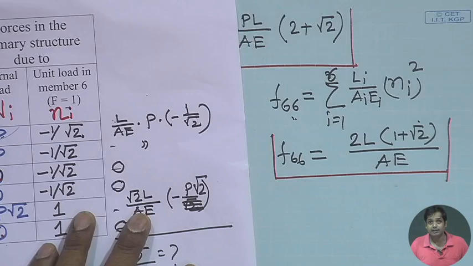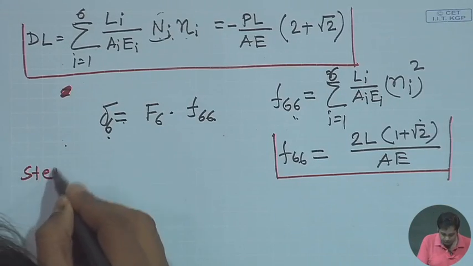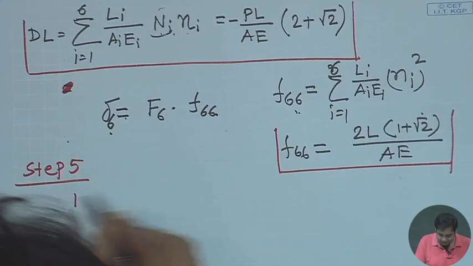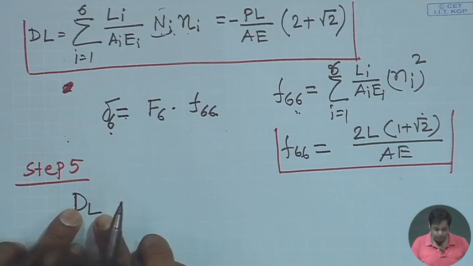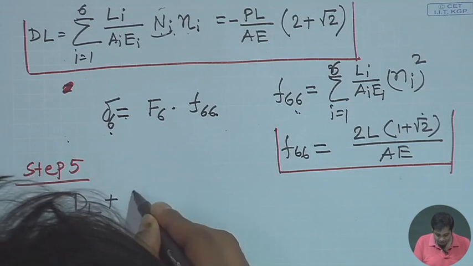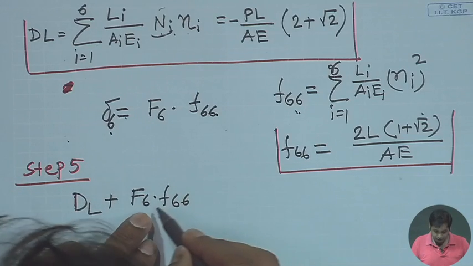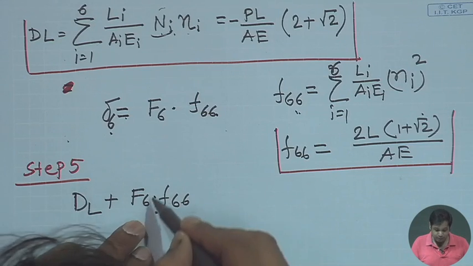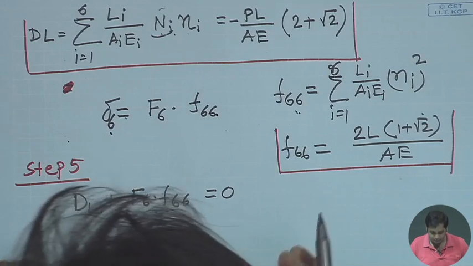Now, the compatibility equation, step 5, says that dL, which was the deformation in member AC due to external load, plus f66 into F6, which is the deformation in member AC or member 6 due to the member force F6, should be equal to 0. That is the compatibility condition.